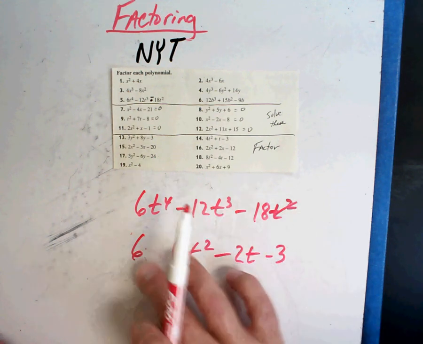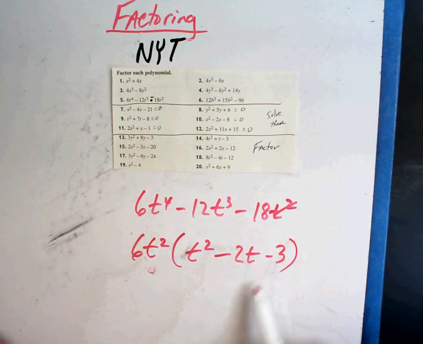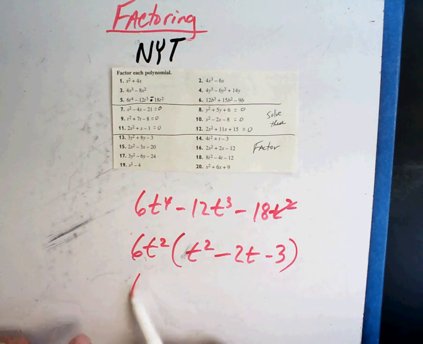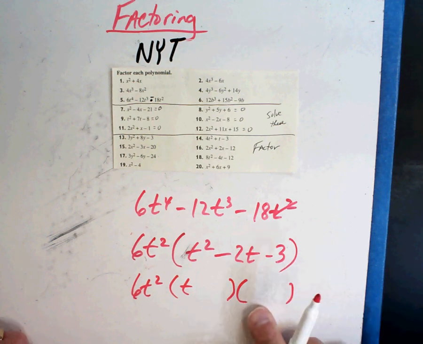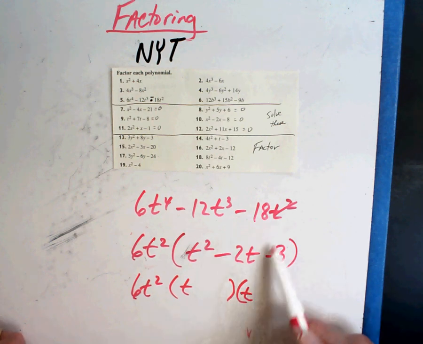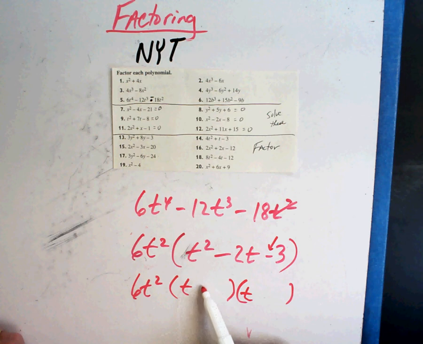So got it. The question becomes, is it factored all the way down? Well, 6t squared, I know that's done, but I wonder if I can factor this. There's a t and a t. That sign says they're opposites, so one's a plus, one's a minus. 3 is a 3 and a 1.